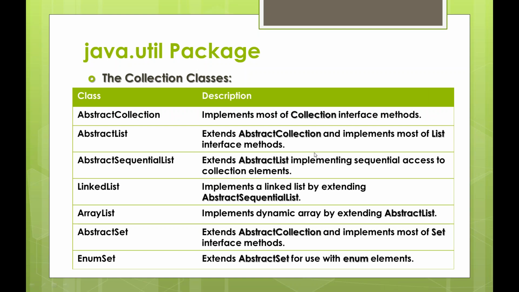AbstractList implements the List interface, but by extending AbstractCollection. It implements the List interface as well as extends from the AbstractCollection class. Then you have AbstractSequentialList, which extends AbstractList, for sequential access of a group of elements, a group of objects.